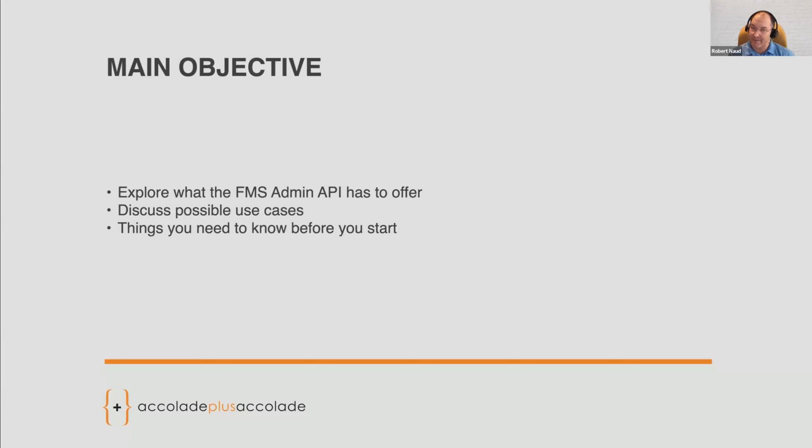Our main objective is to look a little bit at what the API has to offer, discuss the possible use cases that we could put in place, and then also look into possible gotchas or things you need to be aware of before sinking your teeth into that.